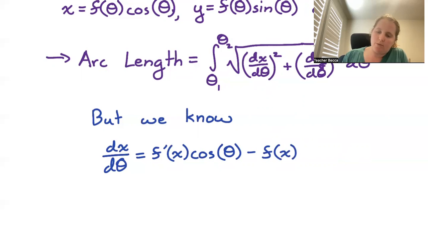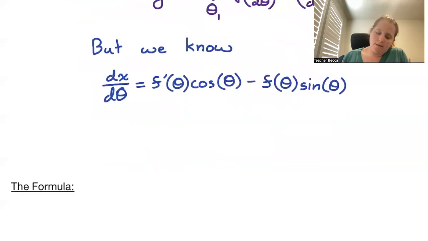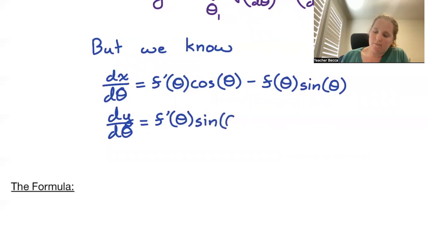These should be f prime of theta times cosine theta and f of theta. So we have dx d theta is equal to f prime of theta times cosine theta minus f of theta times sine of theta. And dy d theta is equal to f prime of theta times sine of theta plus f of theta times cosine theta.